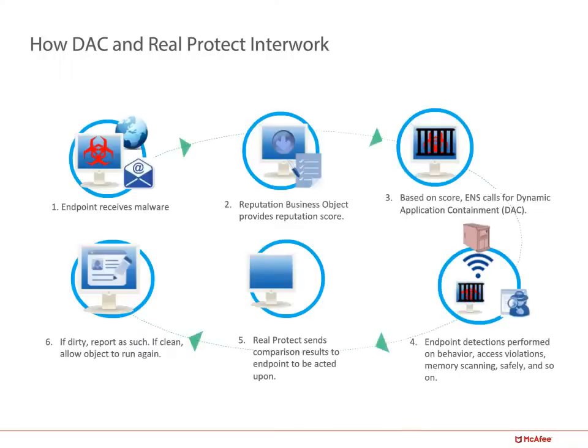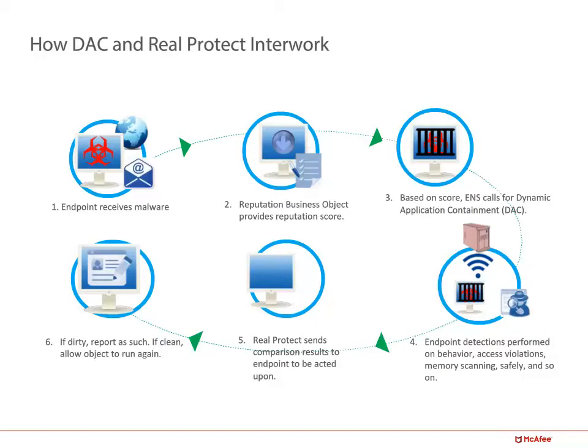In this slide, we have an example of how dynamic application containment in Real Protect works. This feature contains a list of running processes when the policy change occurs or when the process reputation changes. First, the endpoint receives the malware. Second, the reputation business object provides a reputation score.